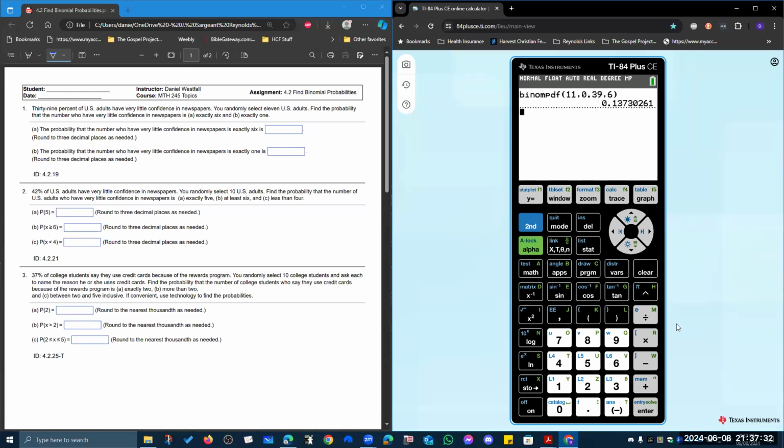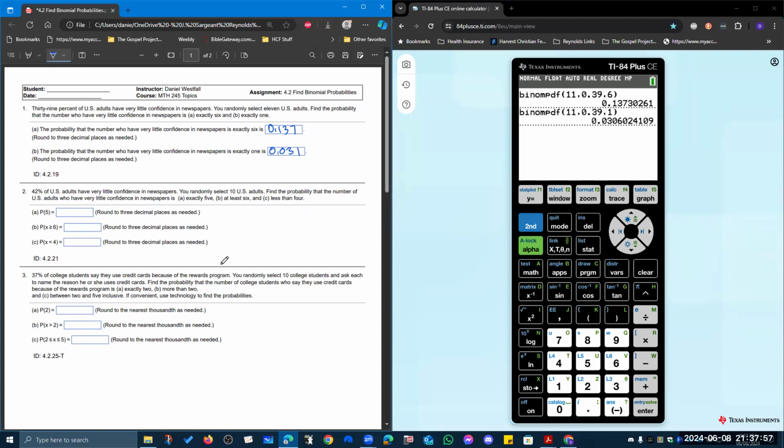And so that's going to be 0.137. Then we're going to change that to be exactly 1 instead of 6. And that's going to be 0.031 when we round to 3 decimal places.